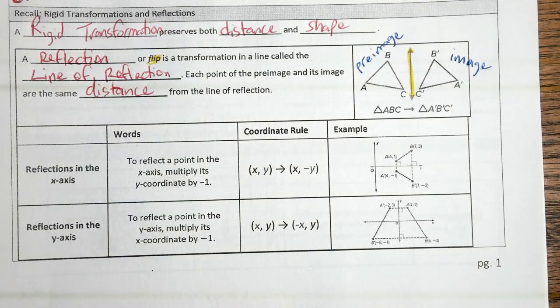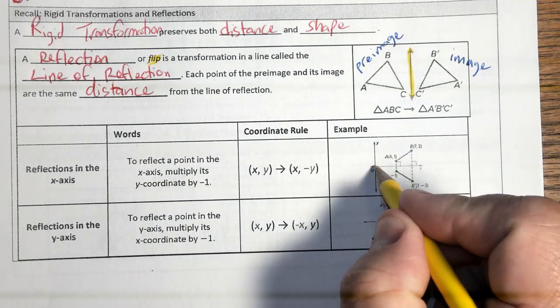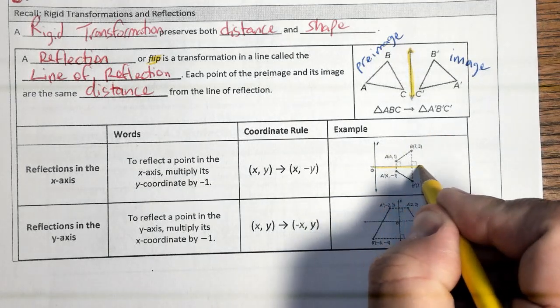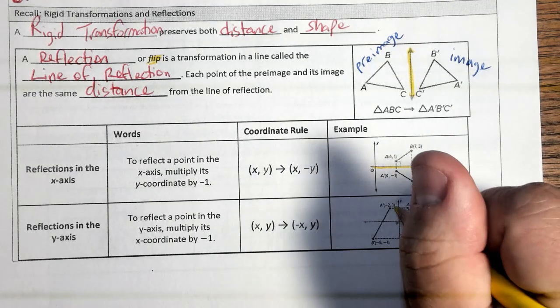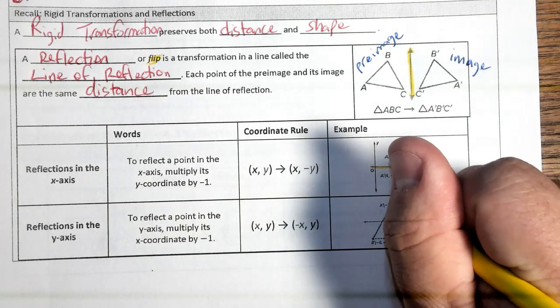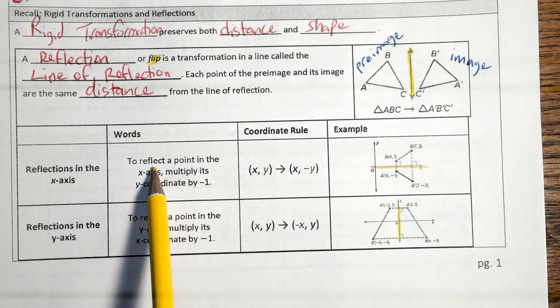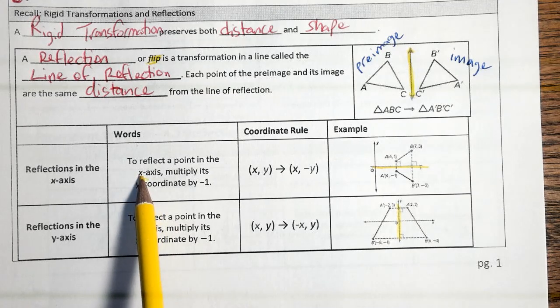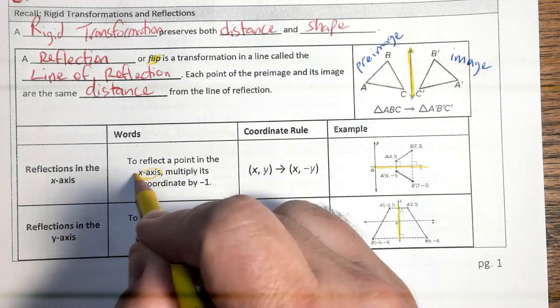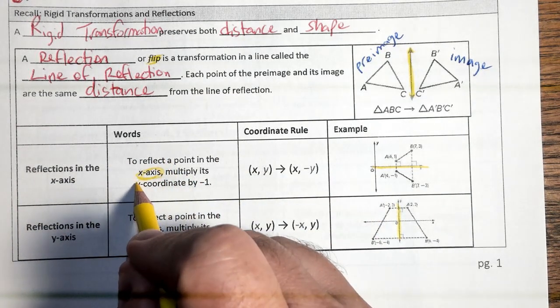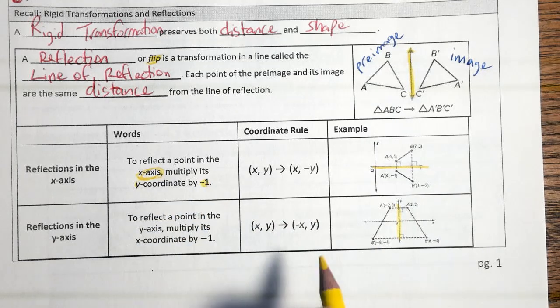Bottom of page 1. So, reflections in the x-axis. Remember, the x-axis runs this way, and down here it says the y-axis. To reflect a point in the x-axis, you multiply its y-coordinate by -1.